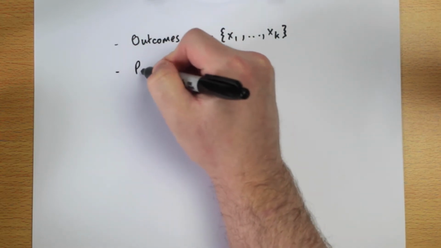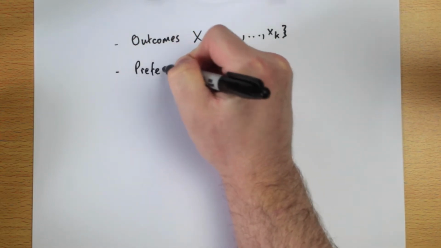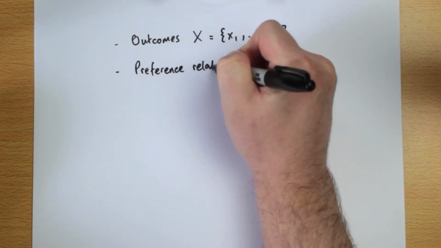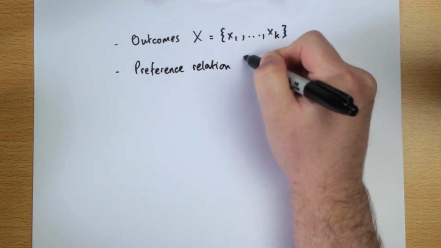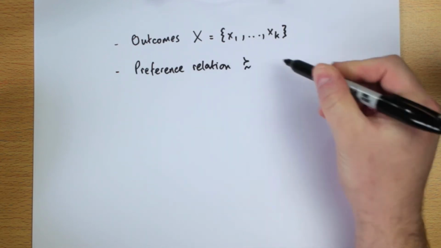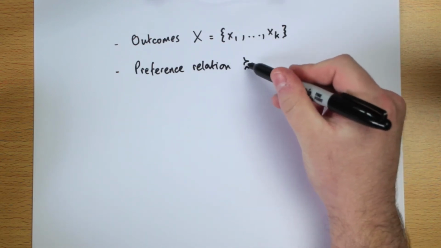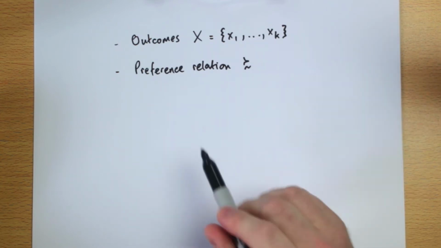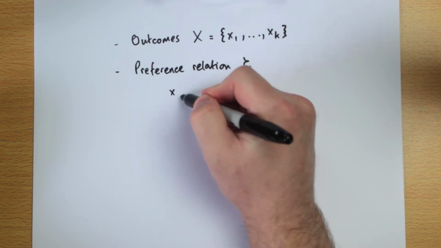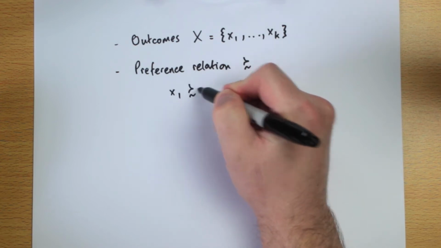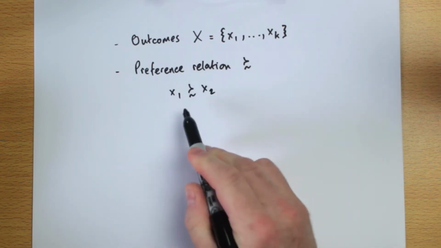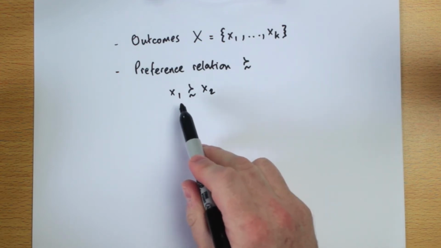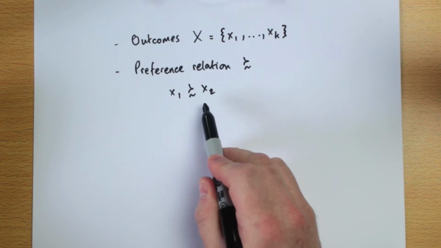We're going to use what's called a preference relation. And we'll denote this kind of curly, it's a bit like a greater than or equal to sign, but it's curly. So this notation here, if I write, for instance, x1 and then x2, this notation means the decision maker prefers x1 to x2.